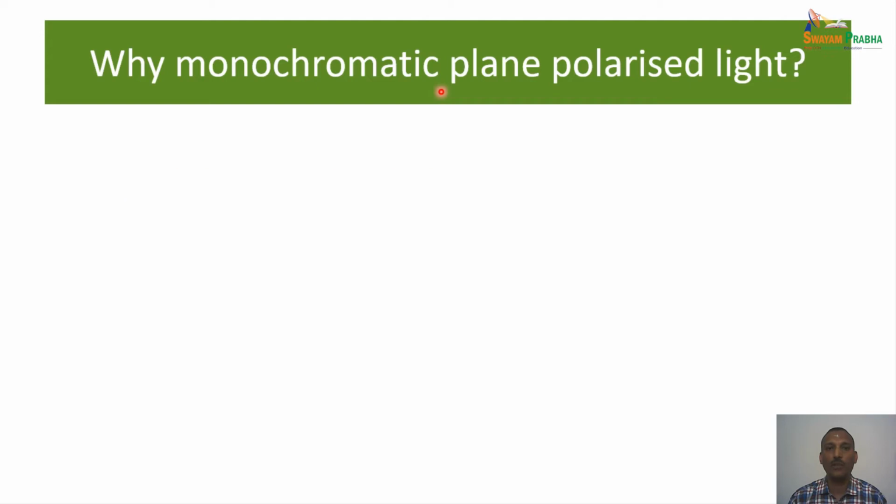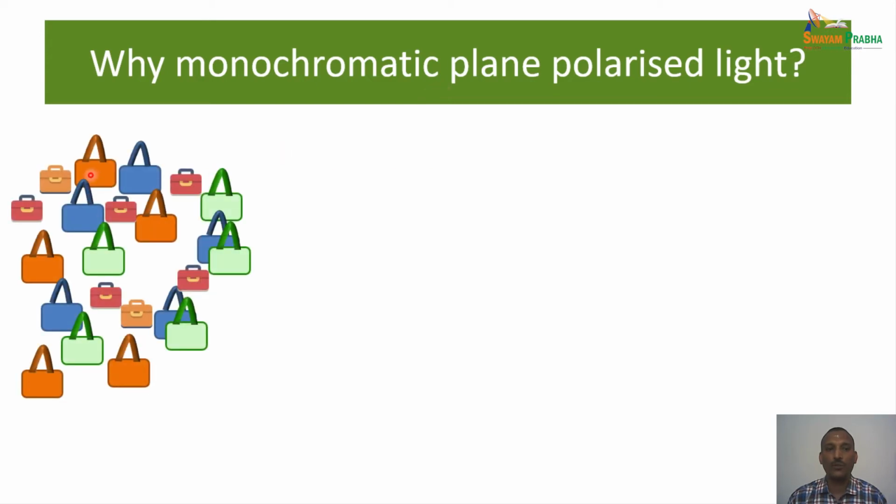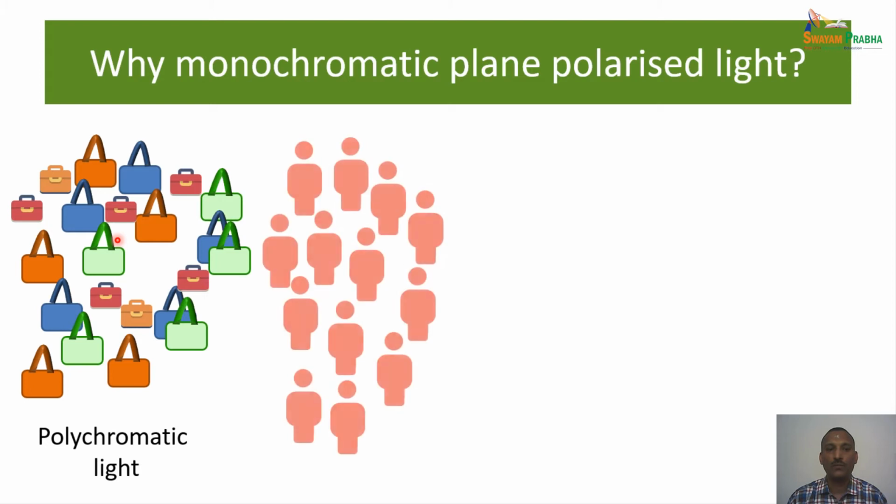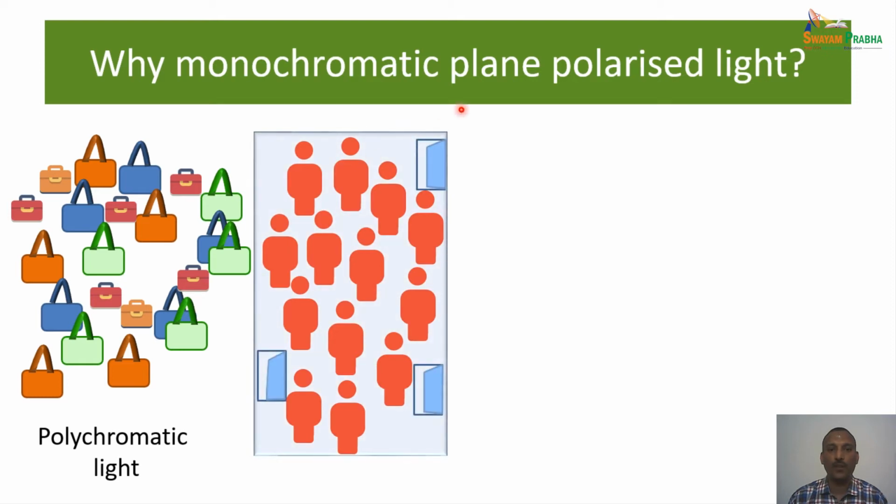So let me explain with a simple analogy model. There are multiple bags inside a room, and this is equivalent to polychromatic light. That means there are bags of multiple colors in a room, and there are a lot of people inside the room, and there are various exits in that room also.